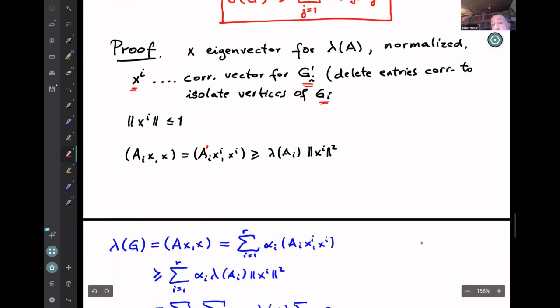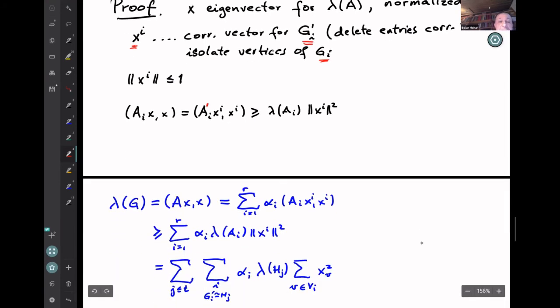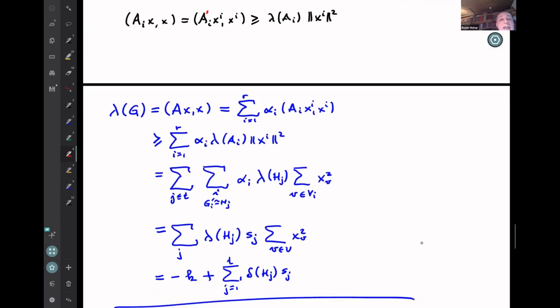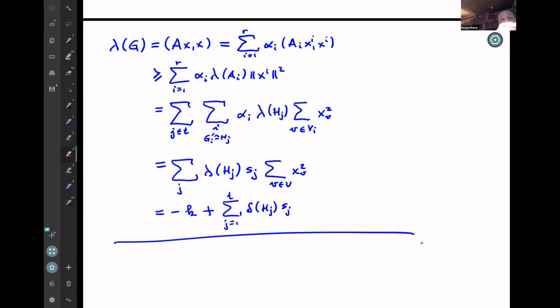Now, how can we use that? We use this inequality and look at the smallest eigenvalue of G, which by definition of x is equal to the value of the quadratic form Ax dot x.